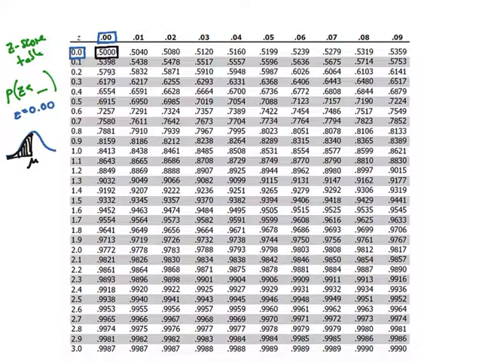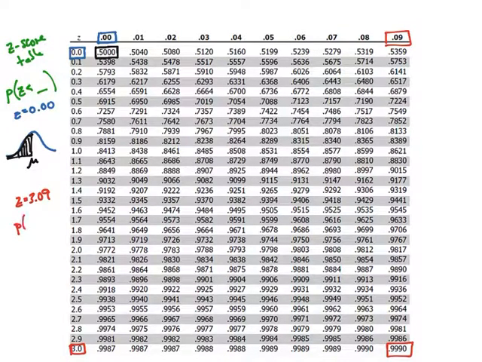Let's look at another value just to see how it works. Let's say at the very opposite end, we have a z-score of 3.09. That's how we read that.